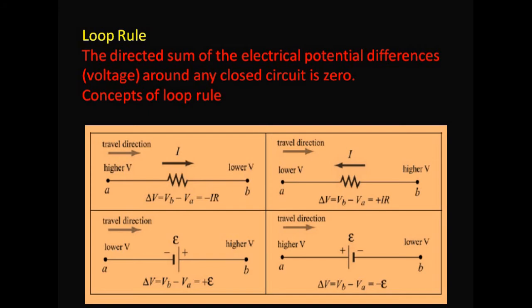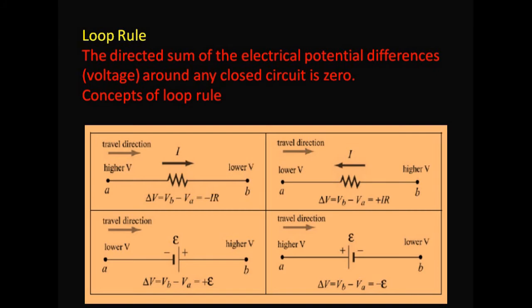If you take a closed loop in a circuit, a closed circuit, there will be different components in the circuit, and every component will produce a potential difference across it. So typically you will be dealing with resistors and cells. There will always be a potential drop across a resistor if a current flows through it.